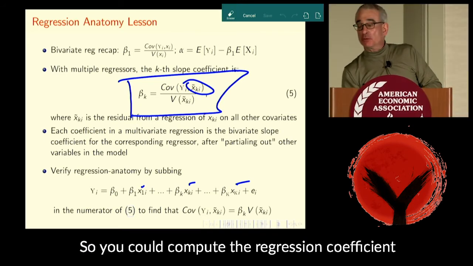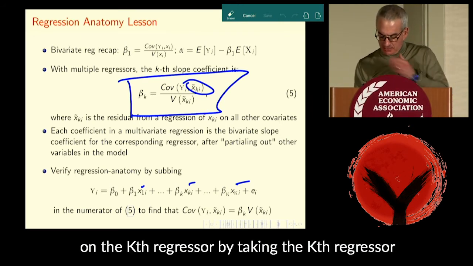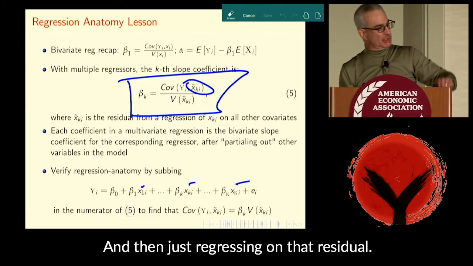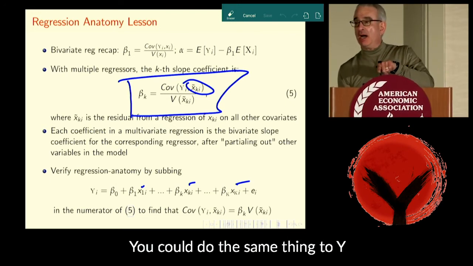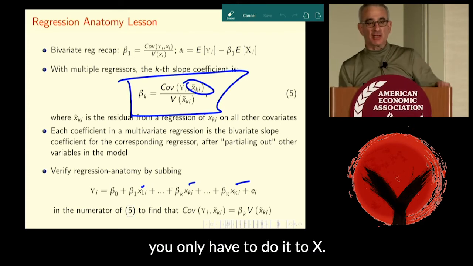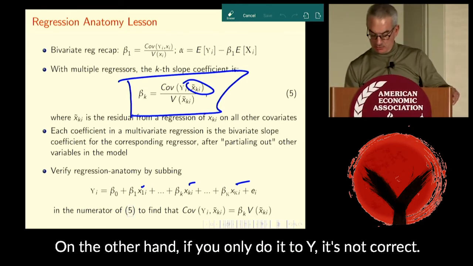So you could compute the regression coefficient on the kth regressor by taking the kth regressor and regressing it on all the other regressors, and then just regressing y on that residual. You could do the same thing to y, and you'd get the same answer, but you don't have to do it to y. You only have to do it to x. On the other hand, if you only do it to y, it's not correct.